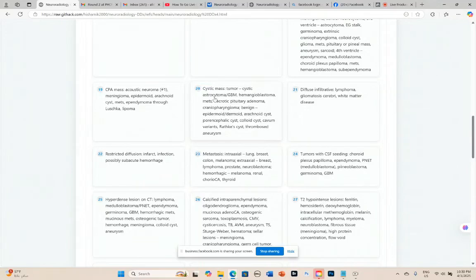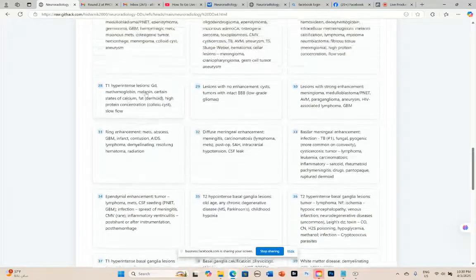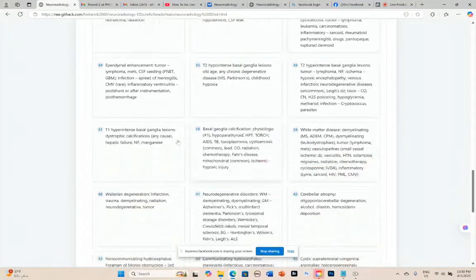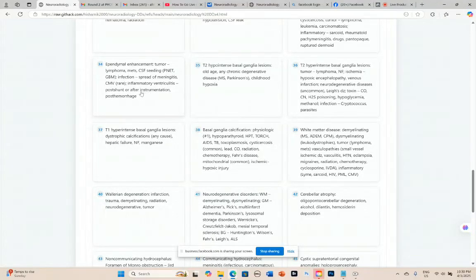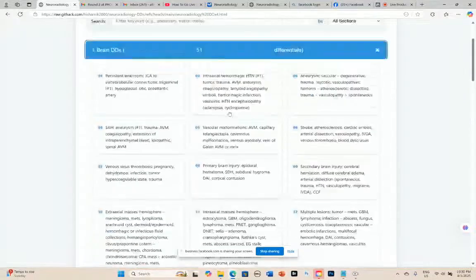We have astrocytoma, glioblastoma multiforme, hemangioblastoma involving the posterior fossa, metastasis, necrotic pituitary adenoma, craniopharyngioma, etc., in the list of differential diagnoses. Some of the differential diagnoses include MRI, and some include the CT scan.